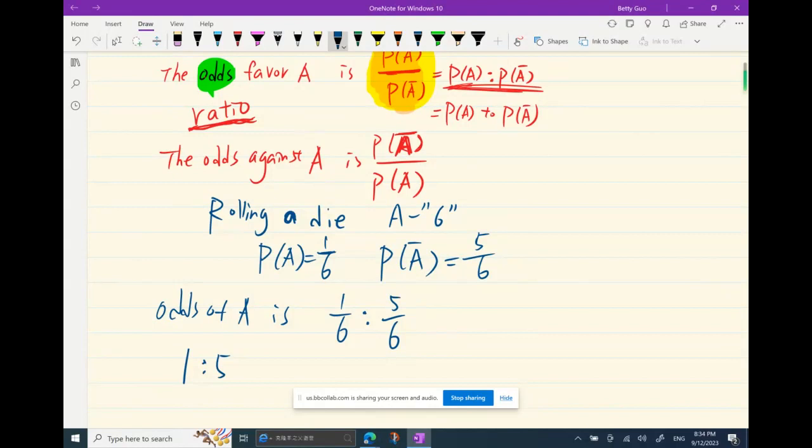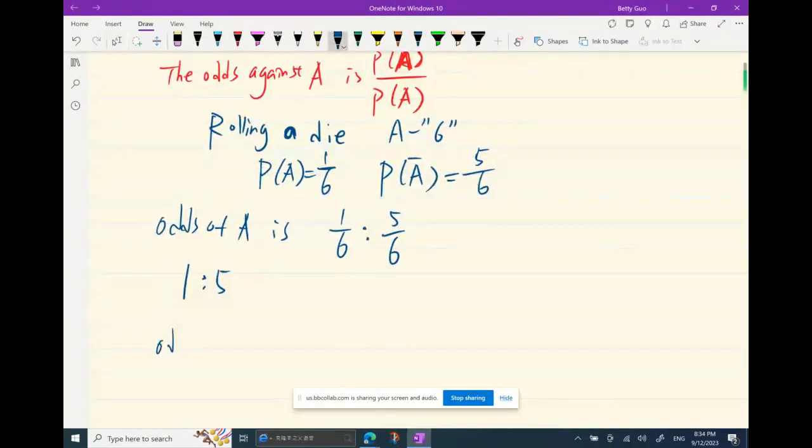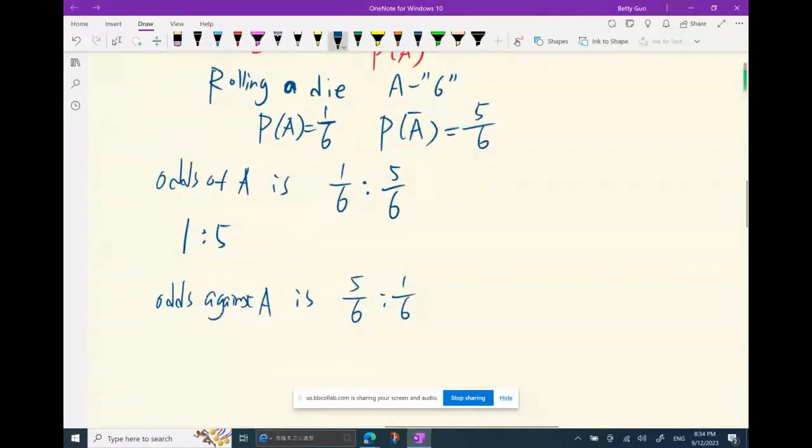Anybody can tell me what's the odds of losing? What's the odds against A? This time we go A bar first: probability of A bar to probability of A. So the odds against winning is 5 to 1.